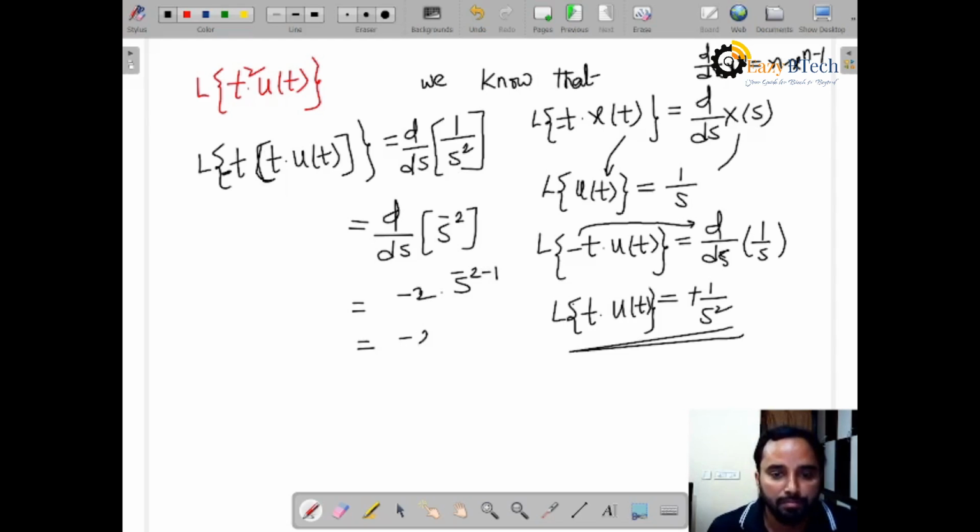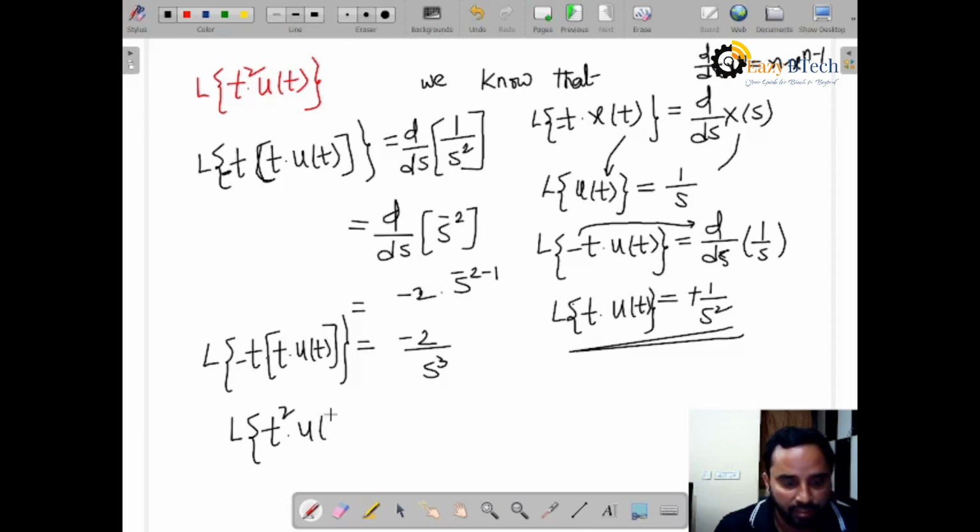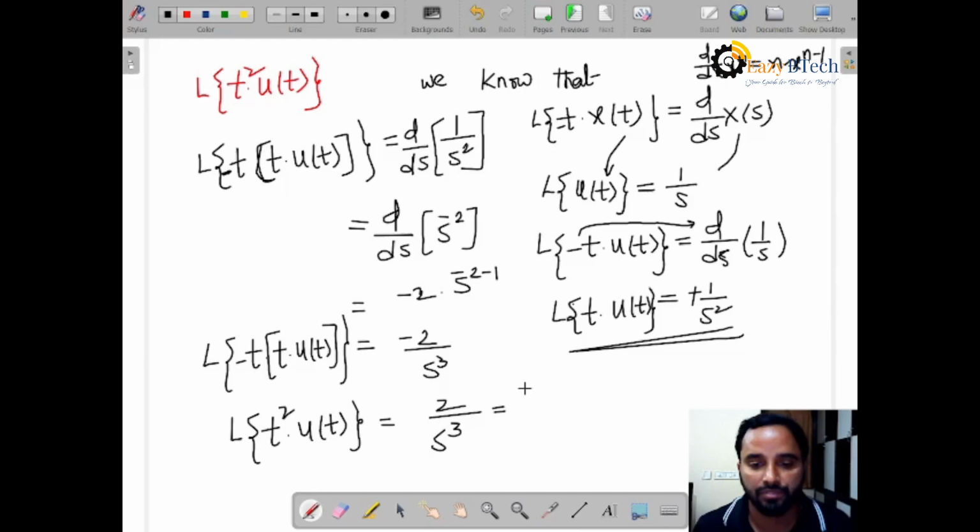So this will become minus 2 by s cube. So this is left side what we have, minus t, again t u of t. So both sides we can cancel minus sign, then it will become t square u of t is equal to 2 by s cube. So this 2 I can write as 2 factorial, divided by s power 2 plus 1, as 2 factorial is 2 only. We can write like this, right or not?